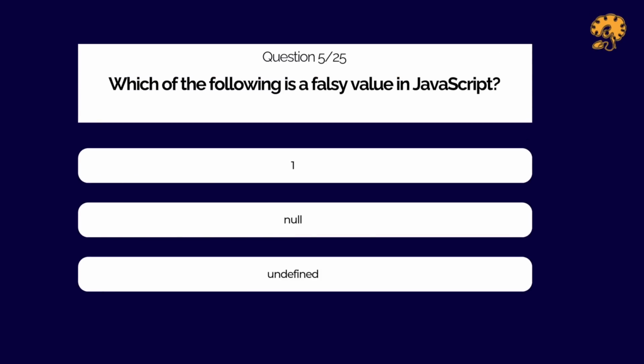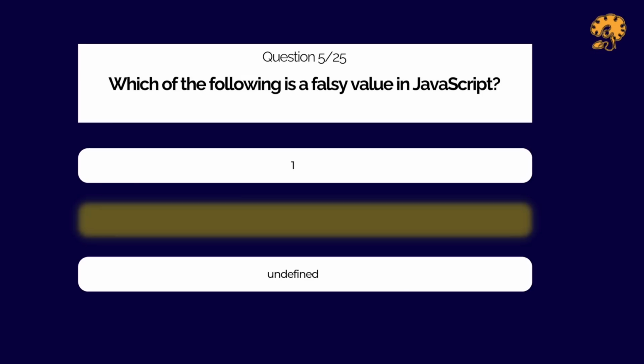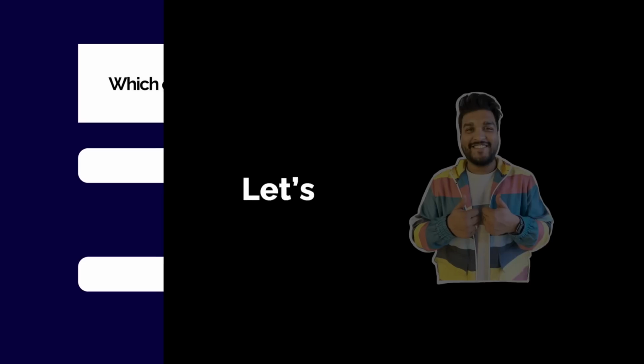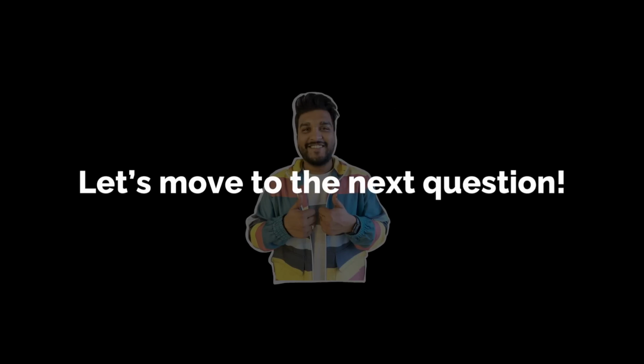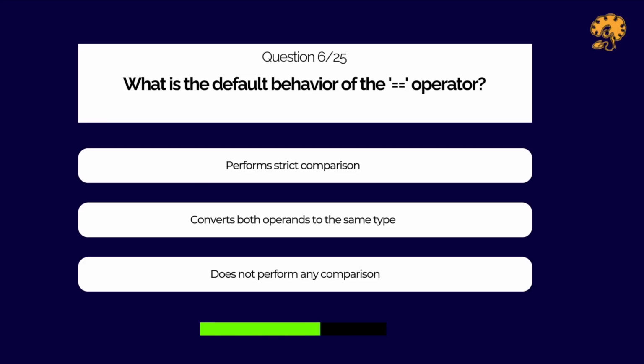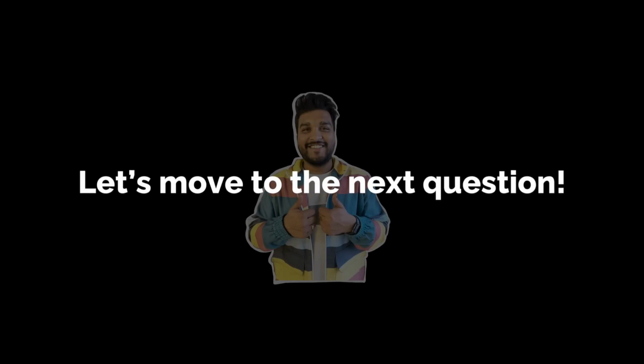Which of the following is a falsy value in JavaScript? Let's move to the next question. What is the default behavior of the double equal to operator? Let's move to the next question.